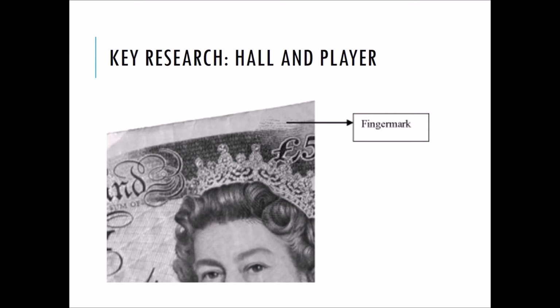Okay, and then we're just going to look at the key research by Hall and Player. In terms of background, this isn't in your notes, but you could add it: accurate analysis of a fingerprint relies upon the ability of the fingerprint examiner. If you've got fingerprints which are ambiguous, so they're incomplete, smudged, distorted, or rotated, then that can reduce how accurate that analysis is.